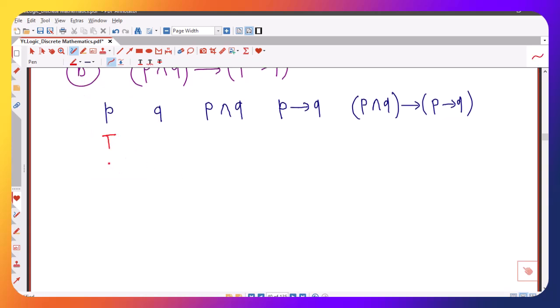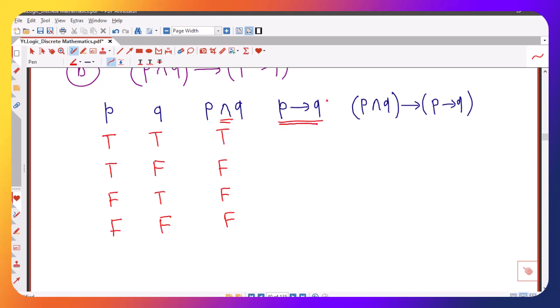For P we write T, T, F, F. For Q we write T, F, T, F. And here we have the AND operator, the conjunction of P and Q, which is true if both are true, otherwise it is false. So here we have T, F, F, F.